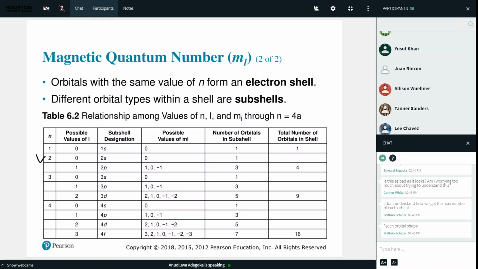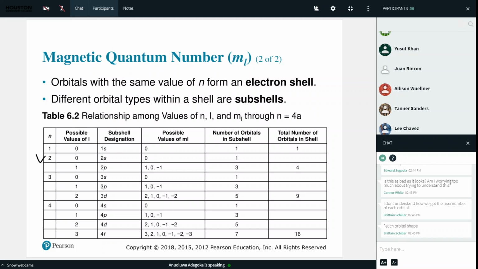So n equals 2, l equals 1, and ml. All of this that we are doing is for us to understand why we write electronic configuration the way we write it.